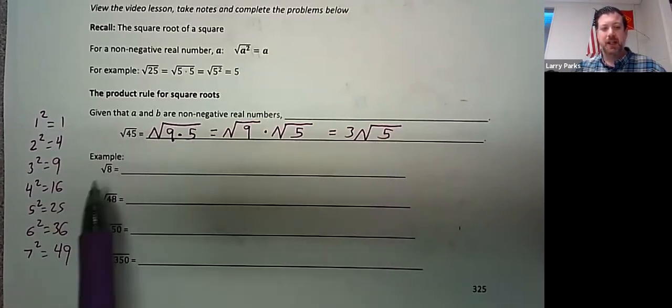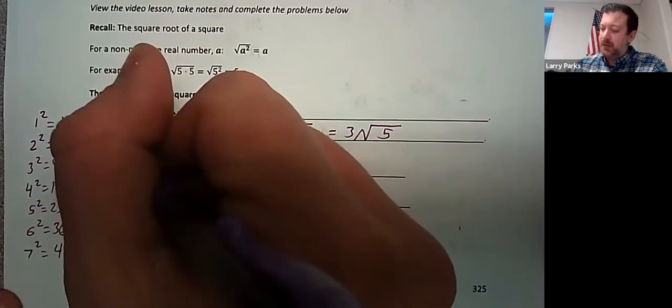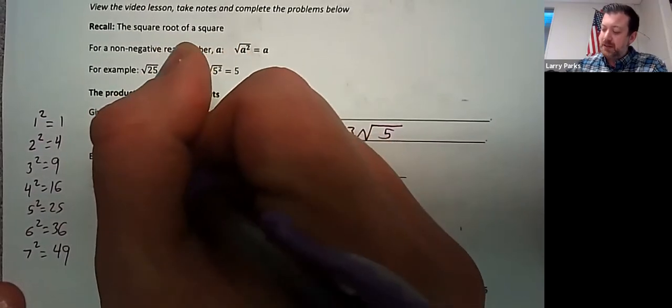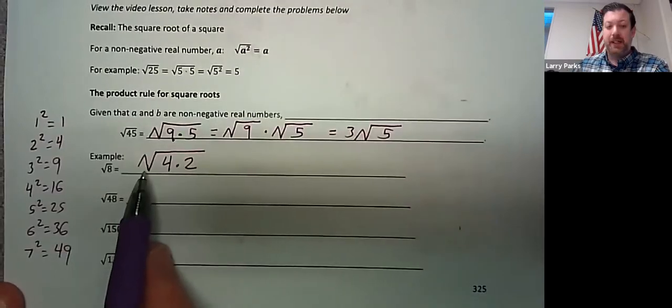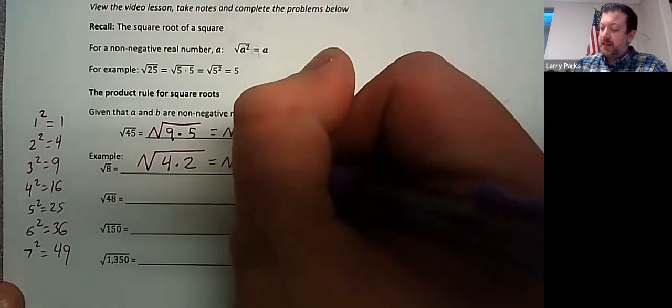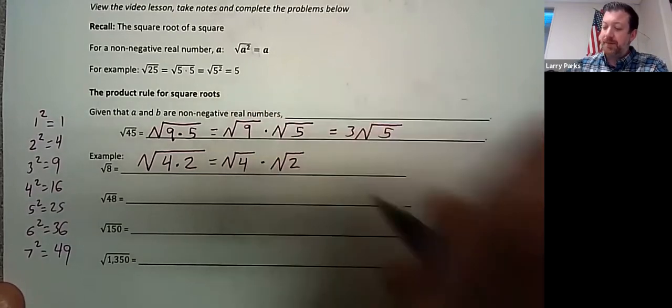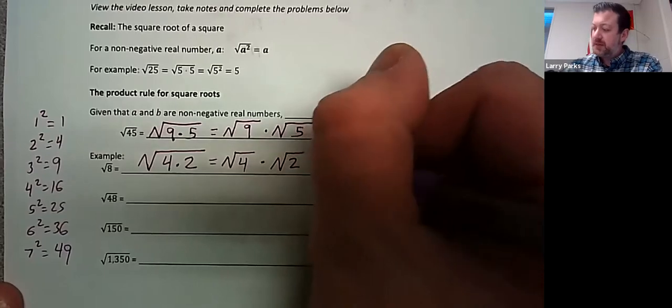Okay. Square root of 8, the biggest number that goes into 8 without going over is 4. So I'd say square root of 4 times 2. And then I could break it up into the 2 square roots. That's square root of 4 times square root of 2. But we know square root of 4 is 2.